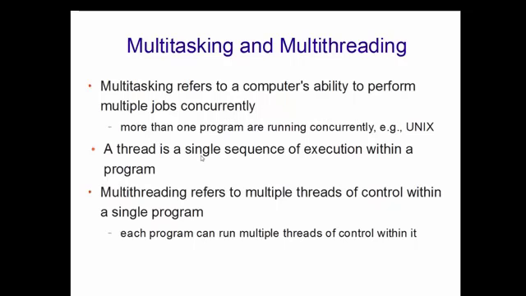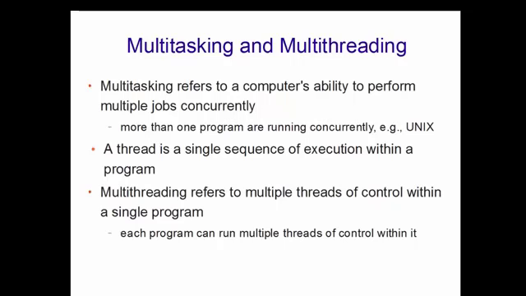So a thread is a single sequence of execution in a program. You can say different tabs in your browser are different threads, and your browser itself is a program. So multi-threading refers to multiple threads of control within a single program, for example multiple tabs.